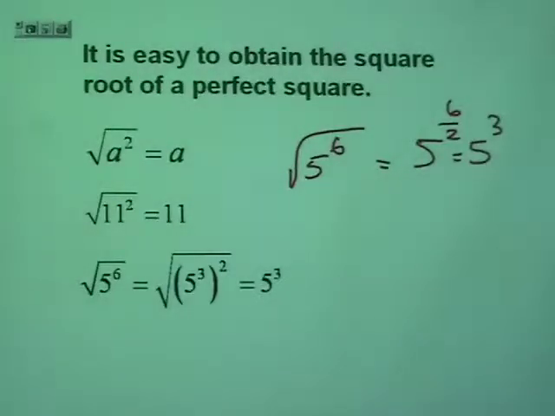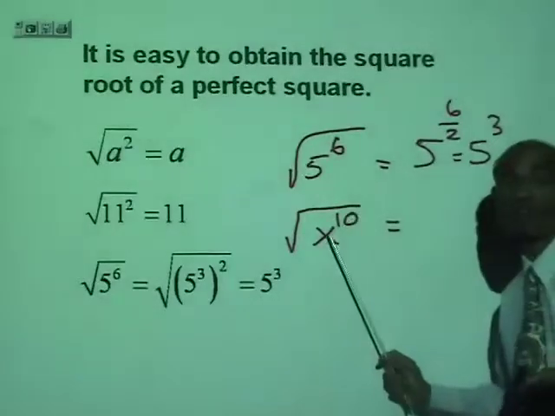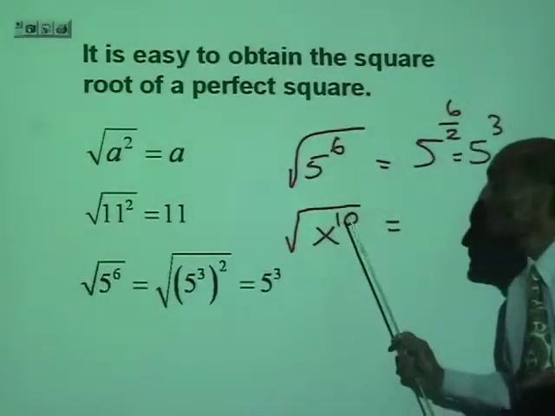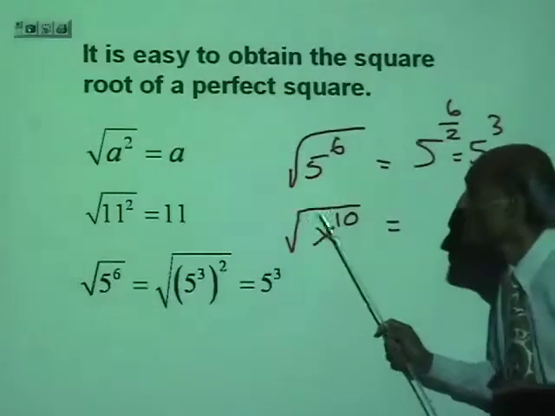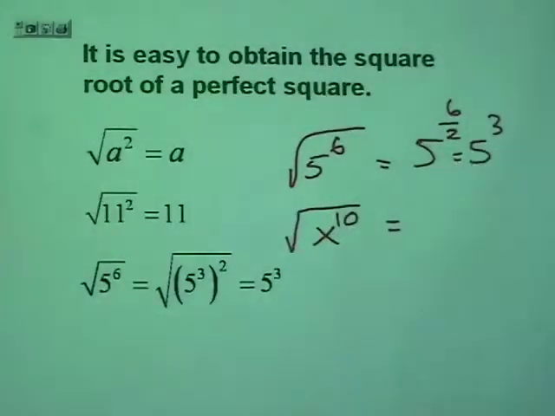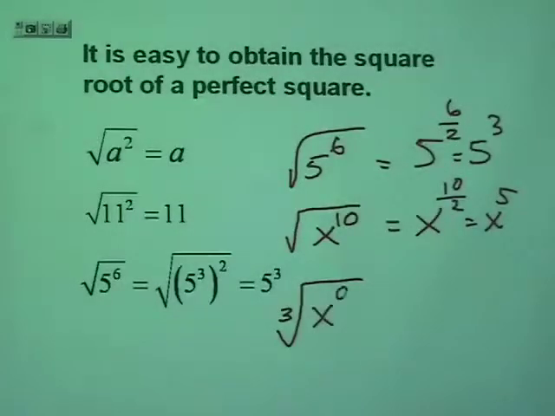Tell me, what is the square root of x to the power of 10? Can you do it the same way? The square root of x to the power of 10 is x to the power of 10 divided by 2, that is x to the power of 5. Tell me, what is the cube root of x to the power of 9?